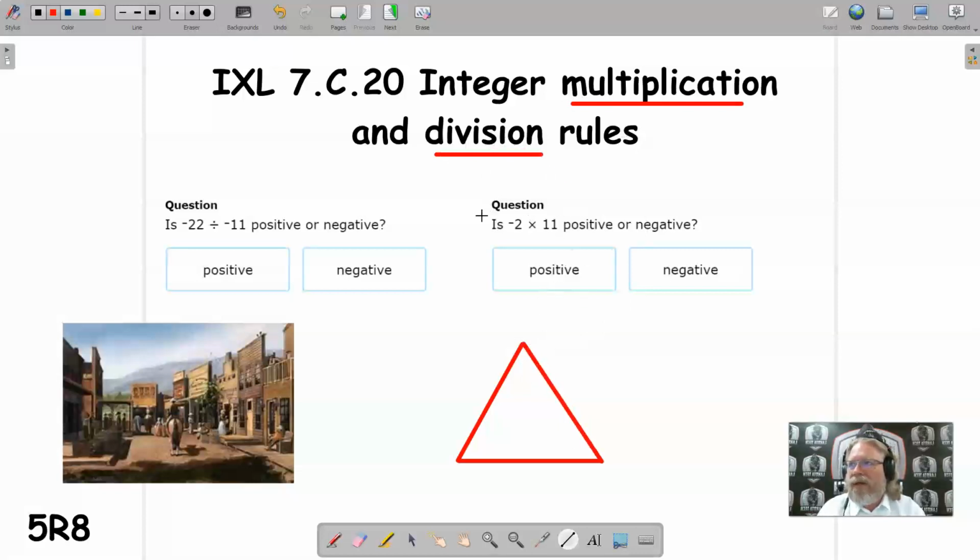In that lesson, I talked about the triangle: if you put a negative sign in two corners and a positive sign in the other corner, you could use this as a little tool to remember what the result of multiplying positive and negative numbers is.